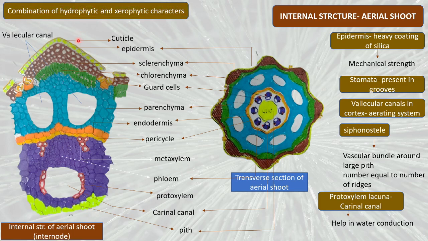And this is very interesting because here you can find a combination of both hydrophytic and xerophytic characters. We are going to understand what the different hydrophytic and xerophytic characters present in Equisetum are, but right now just remember that there is a combination of hydrophytic and xerophytic characters.